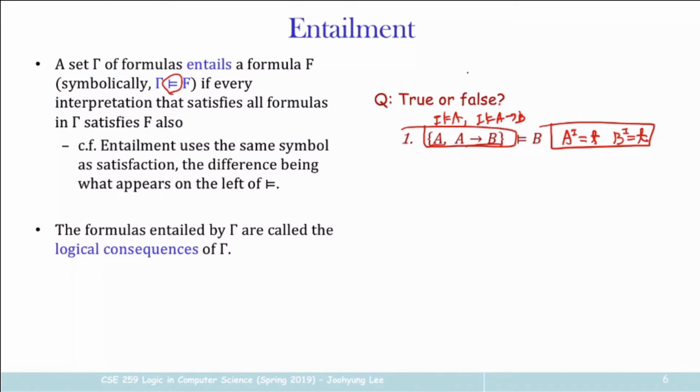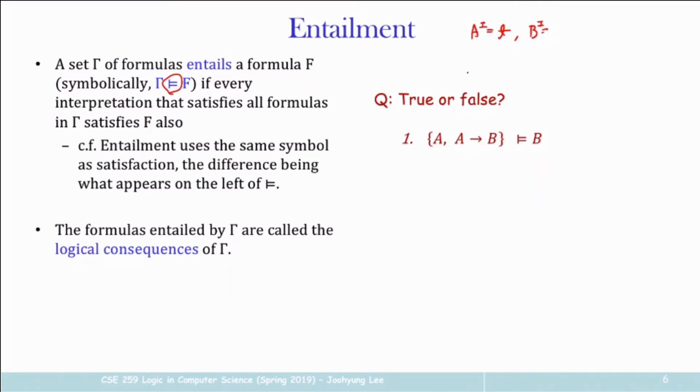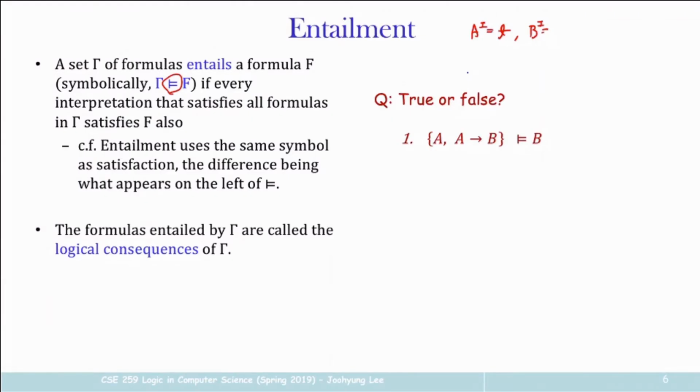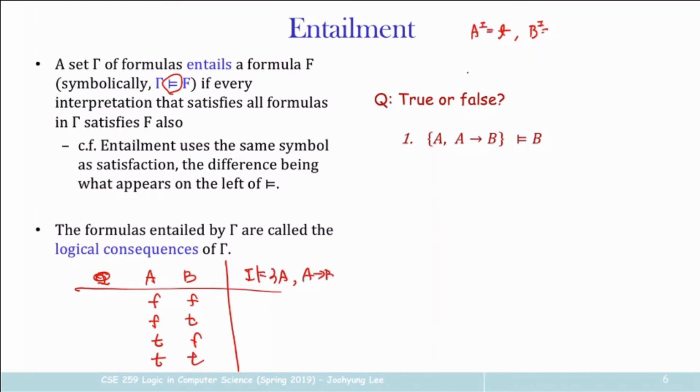Now let's think about a negative example. Let's actually do this here. Suppose A is false and B is false.